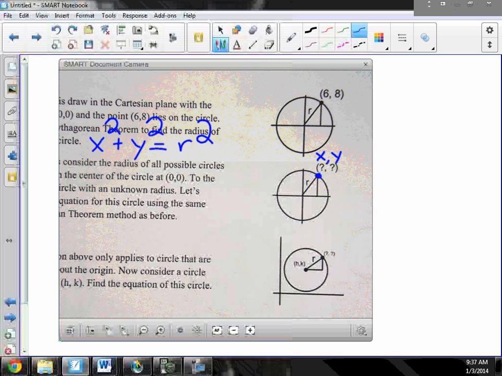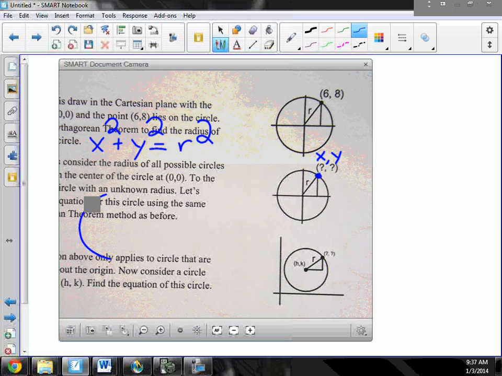Okay? In this bottom problem, we're going to move the center to some unknown distance. For all conic sections, the center is always labeled as h, comma, k. H is some unknown x value, and k is some unknown y value. So in a circle, h, k is obviously the center.